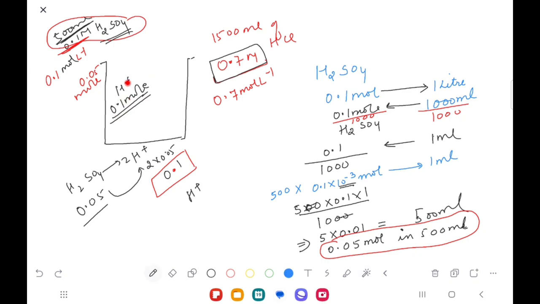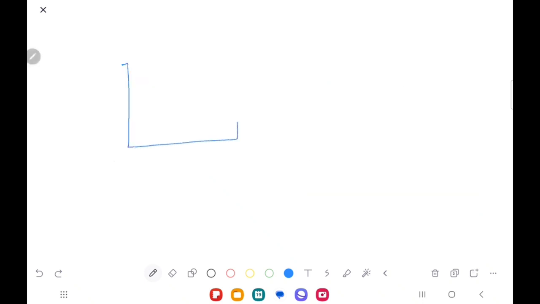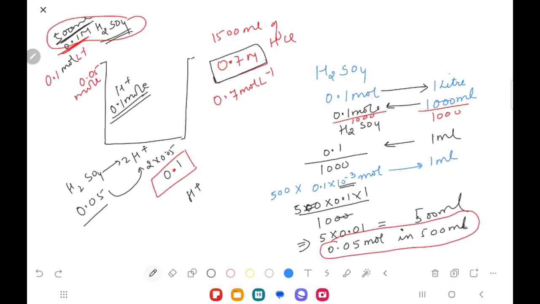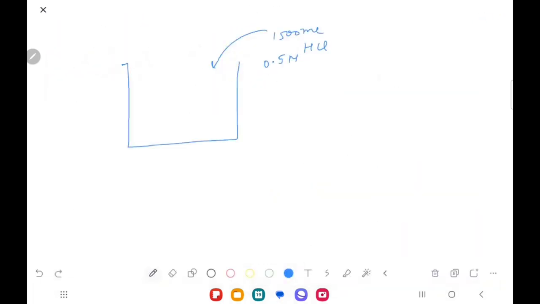Do you understand? Now, similarly, if I talk about the same beaker, but from here I am having 1500 ml of HCl, which is 0.7 molar, sorry, 0.7 molar.